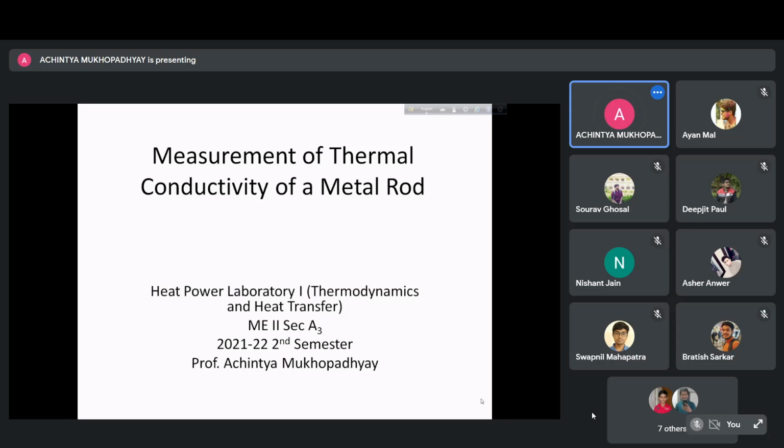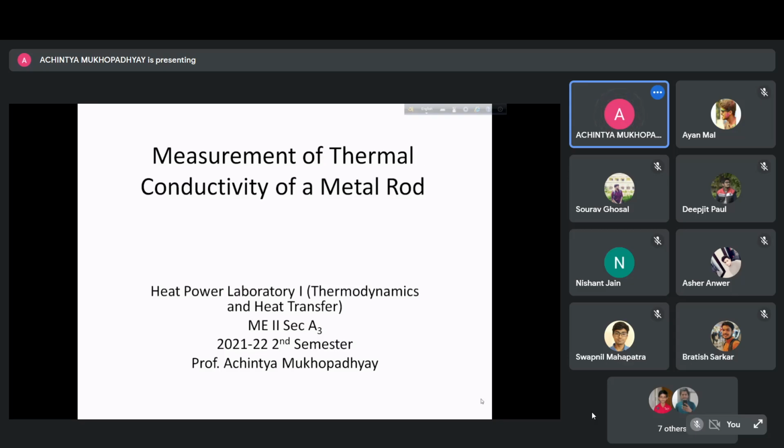Today's experiment is measurement of thermal conductivity of a metal rod. Can you see the screen? Yes, sir. Okay. Because it's a metal rod, here the method will be much different.